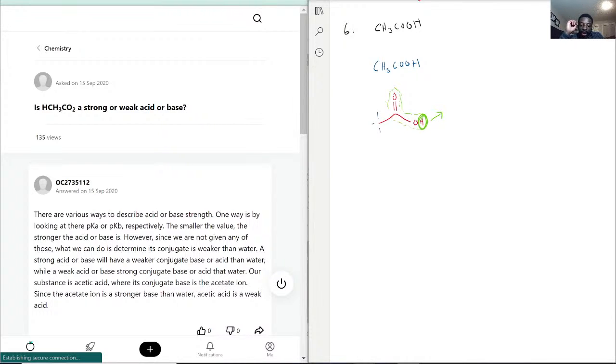Point being, if we were to write this formula in terms of the dissociation formula, it'd be this, double arrow, CH3COO minus plus H plus.